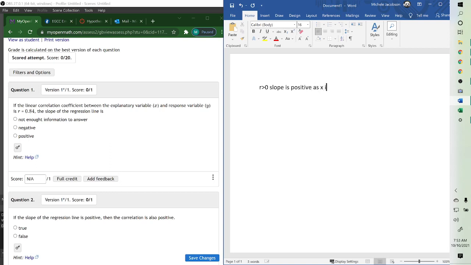As x increases, y increases. Also, closer to 1, the stronger the relationship. Also, the closer the points are to the line, the trend line.